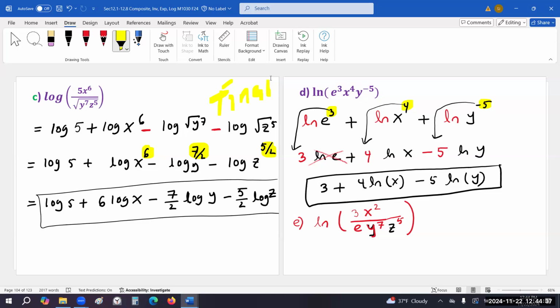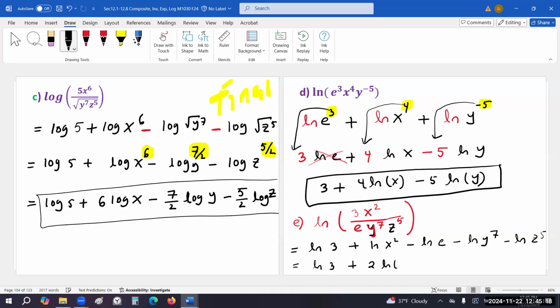Ready, guys? Nazima, go ahead. But 3 and x, they're two different things, right? ln 3 plus ln x squared minus ln e minus ln y minus ln z. ln of 3 plus 2 ln of x.